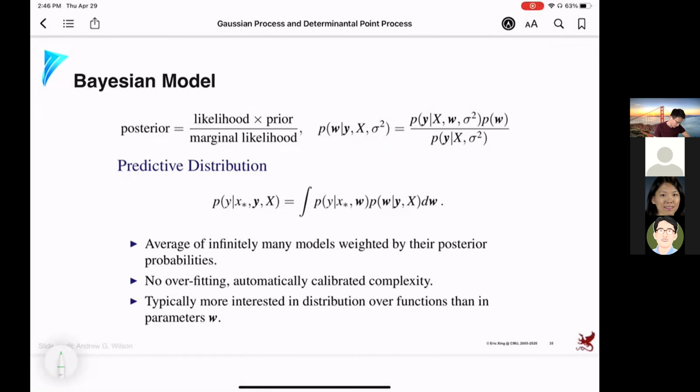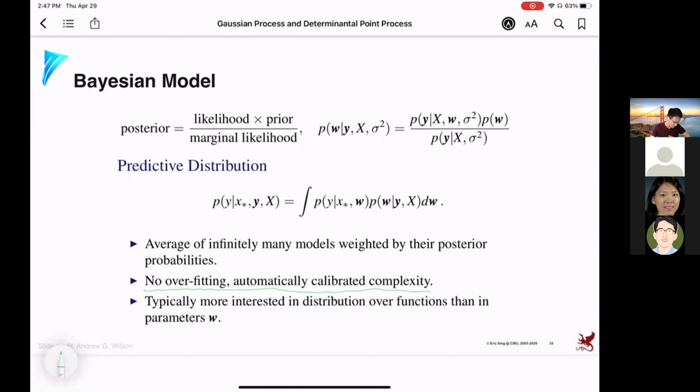Some advantages of the Bayesian approach: it averages infinitely many models based on the posterior distribution. Here, I'm a little bit suspicious because I feel like this sentence might be a bit overclaiming, but anyway, I just took it from the lecture slides. With this posterior distribution, we're less likely to overfit because we can always add a strong prior to the parameters, so it does not collapse to a single point, right?